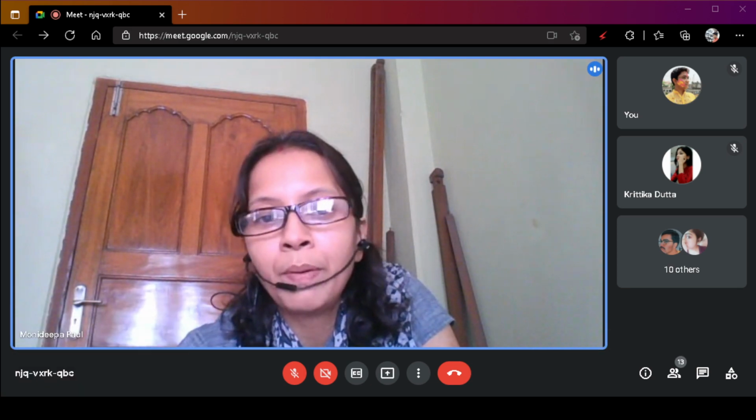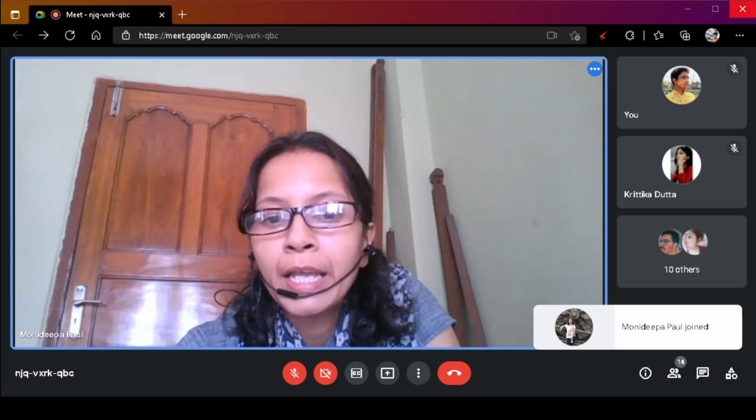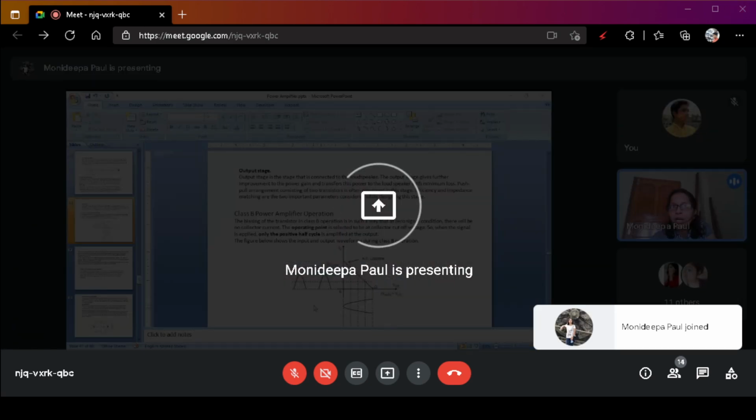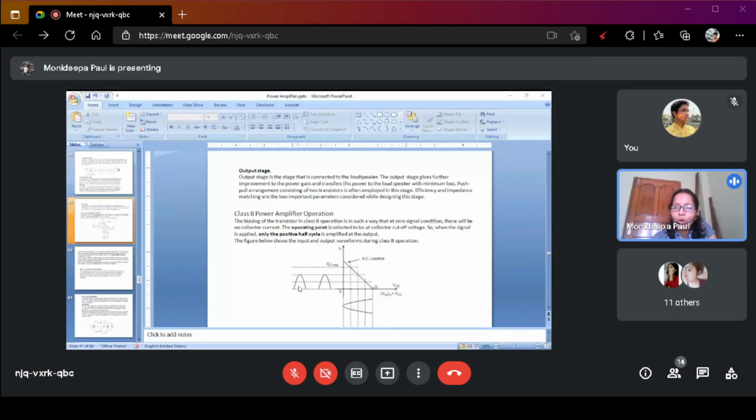If we apply the input signal, both positive and negative half cycle, we get the collector current only during the positive half cycle. That means the operating range is only one half cycle. So this is called class B power amplifier.